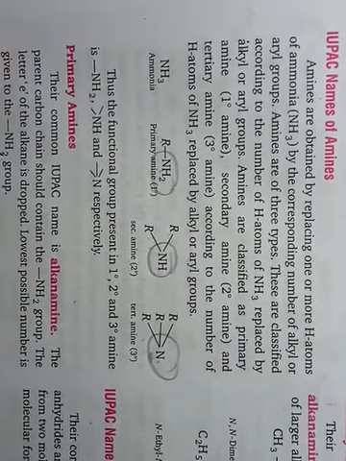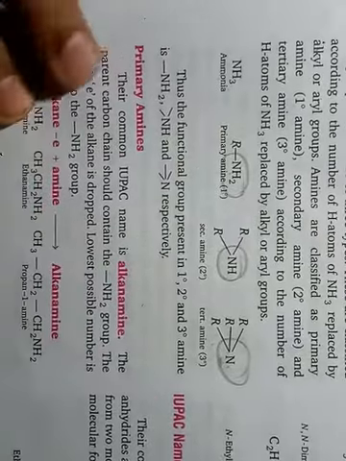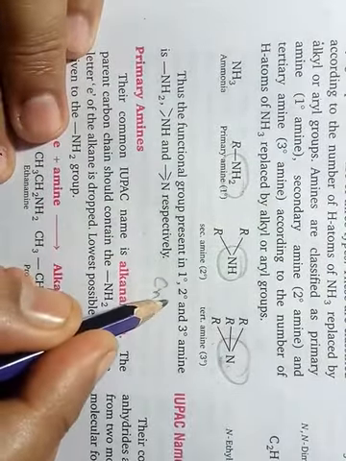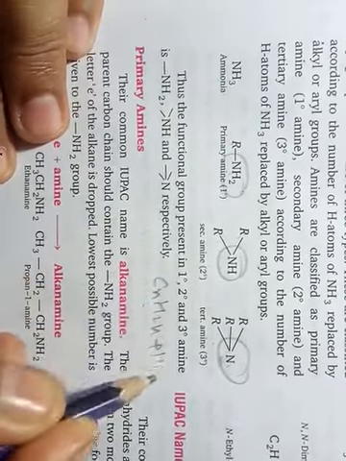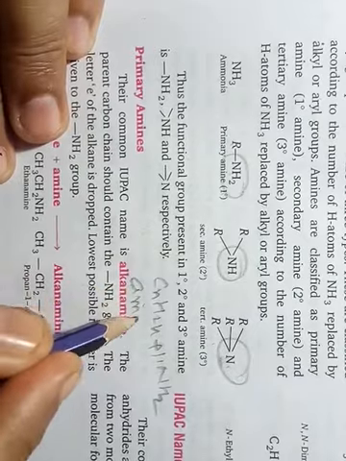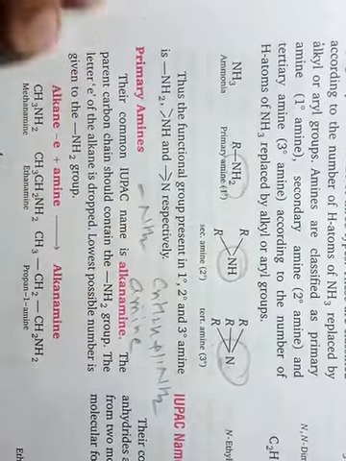So these are the amines. The general formula of primary amines, which are most common, is CnH2n+1NH2. The suffix is amine and the functional group is NH2.